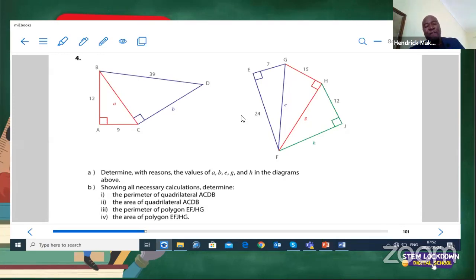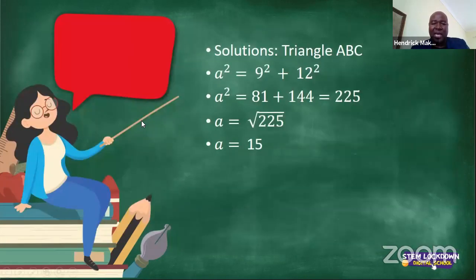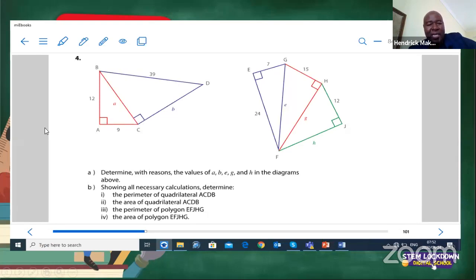Now we have got 5 triangles, and I want you to determine with reasons the value of A, B, E, G, and H in this diagram using Pythagoras. Why do we use Pythagoras? Because each and every one of these triangles is a right-angled triangle, and there are sides that are given and there are sides that are not given.